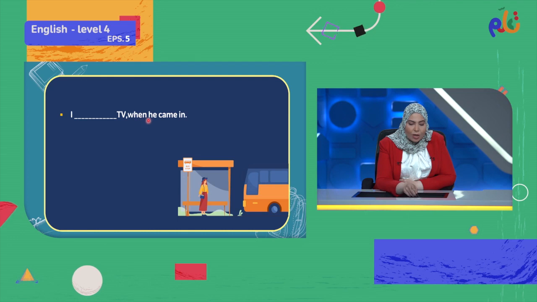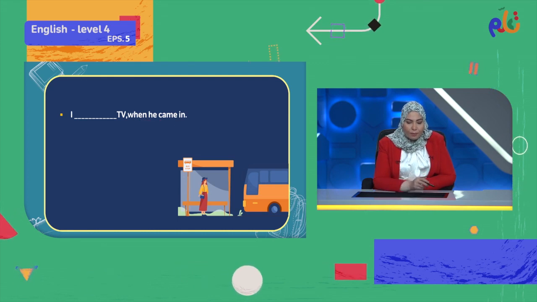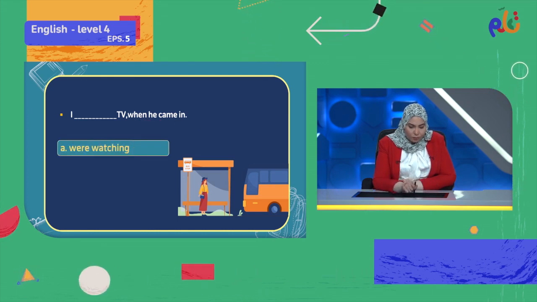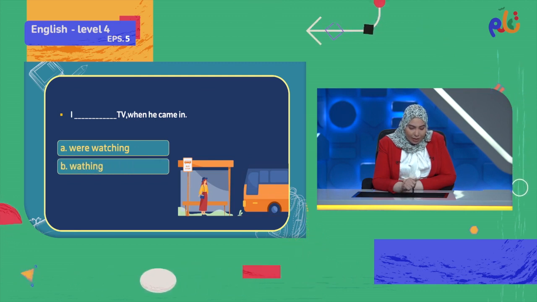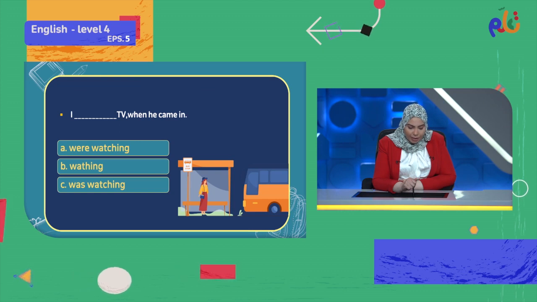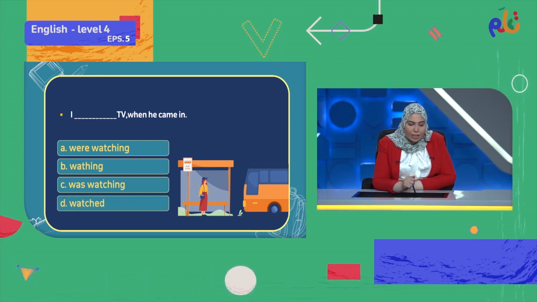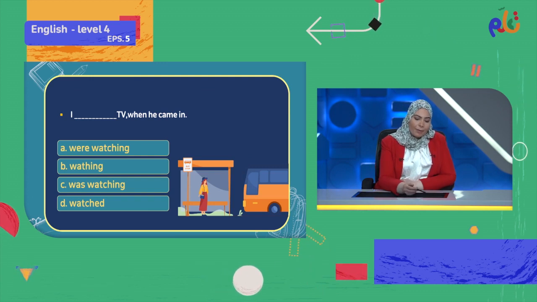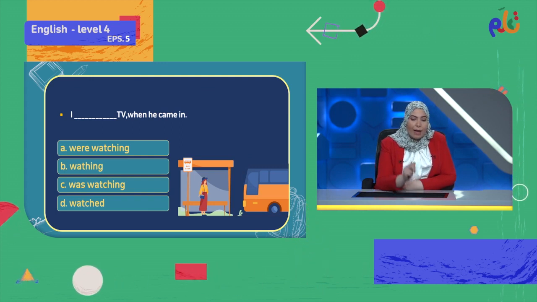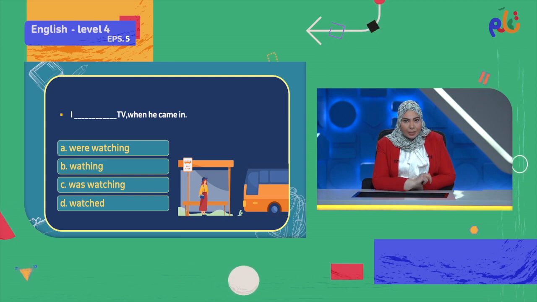For the next one, TV when he came in. So the options, I were watching TV, I watching TV, I was watching TV, or I watched TV. Okay, so here we have two valid options.